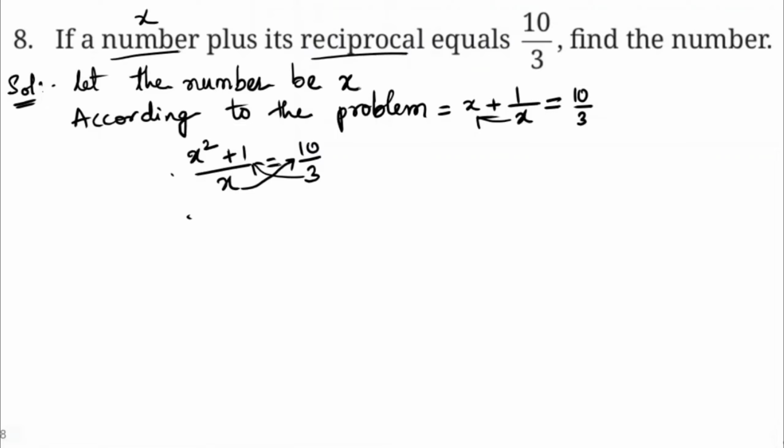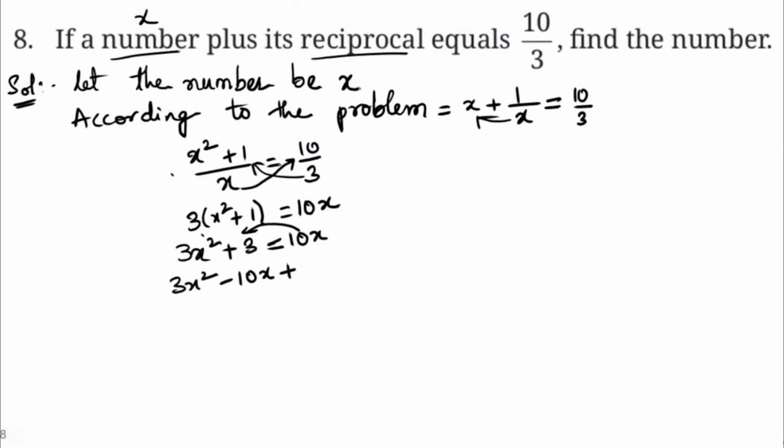So we will get 3 into x square plus 1, that is 3x square plus 3, is equal to 10x. This 10x comes here, so 3x square minus 10x plus 3 is equal to 0.